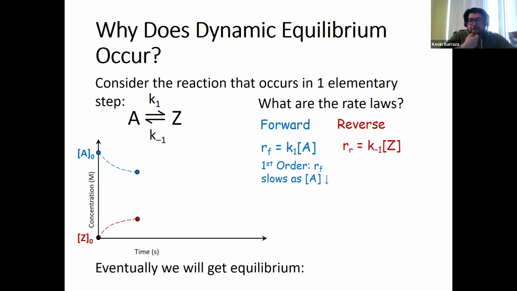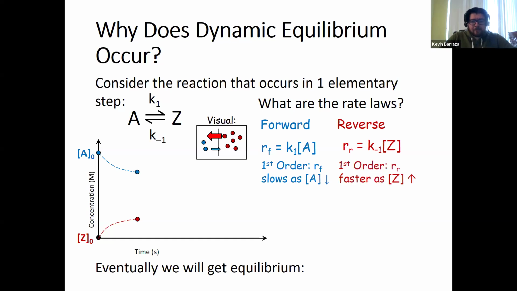Slower or faster? As the concentration of Z goes up, for a first order rate law, the speed of this process is going to go up as well. Yeah, exactly. Thank you. It's going to get faster as well.